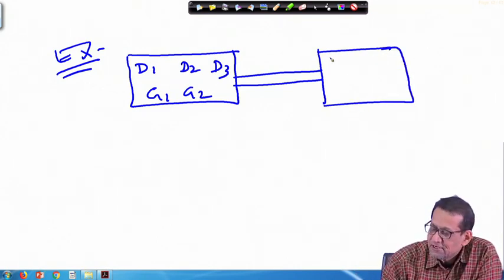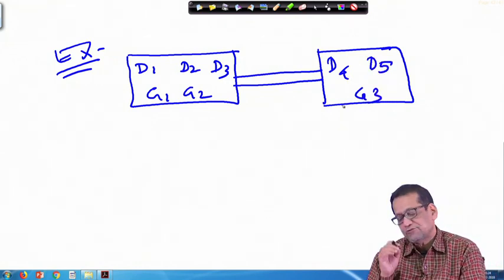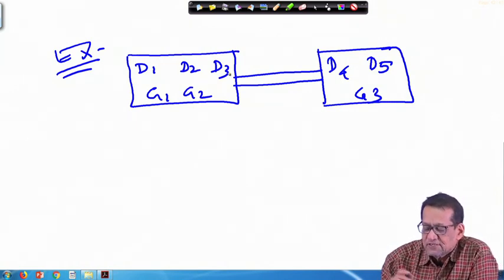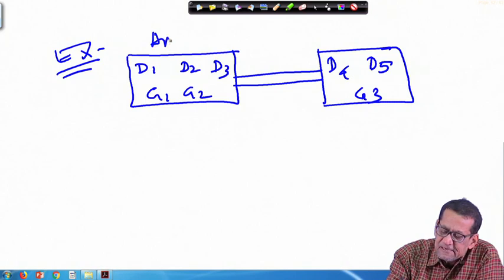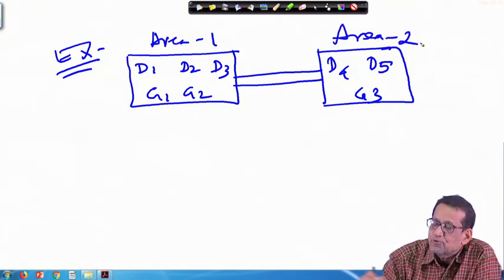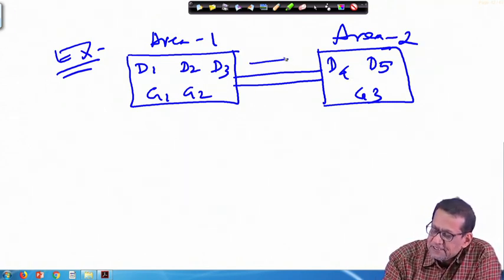Here we have 2 distribution companies D4, D5 and only one generating company, that is Genco 3. So, Disco 1, Disco 2, Disco 3, in short D1, D2, D3, this is area 1 and this is my area 2. And say, for example, power is flowing in this direction. So, this is delta p tie 1 2.